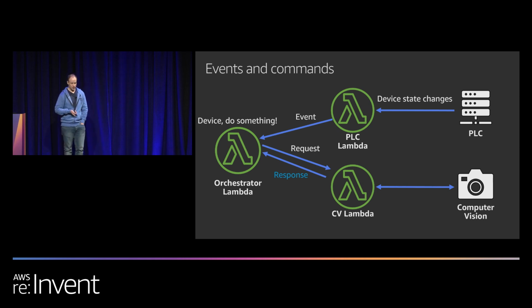I'll also make a note here that one of the ways we're finding it useful to think about these device lambdas is that they're doing a very good job of adapting your industrial device or your computer vision system, whatever device you have at the edge, from its own native protocol that might be very specific to that one device or manufacturer, and translating it on the other side into some service model that you're defining using standard software languages that you're familiar with.